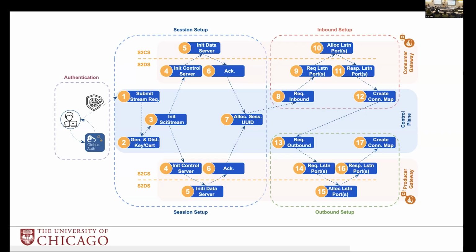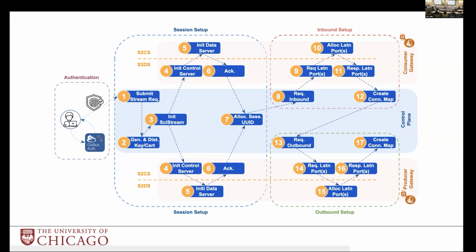During the first stage, the user will be authenticated through Globus. Then we have the session setup, in which the control plane of the system initiates SciStream, creates the keys and certificates, and transfers them to the gateway nodes.